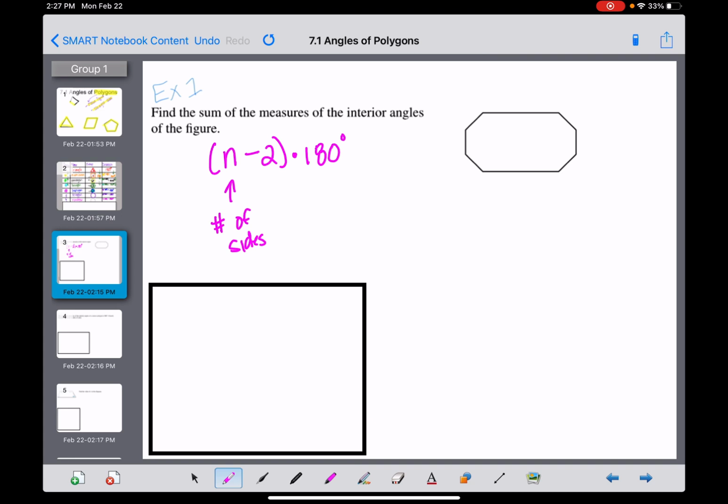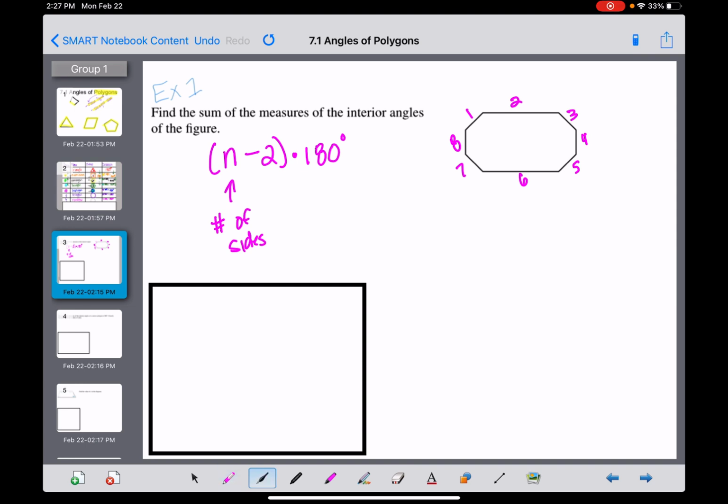So if I want to find the sum of the measures of all the angles, just like I always know a triangle is 180, of this certain figure, I need to know how many sides there are. So there's 1, 2, 3, 4, 5, 6, 7, 8. I'm working with an octagon. So I could just go back to my list and see, okay, an 8-sided figure, well, that's this many degrees.